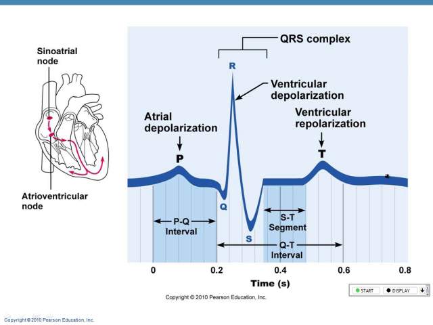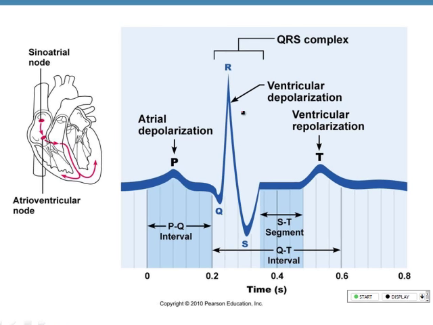We can also pick up the relaxation or repolarization of muscle. So while the ventricles are contracting or depolarizing, what are the atria doing? Repolarizing. So we should also put in here what?